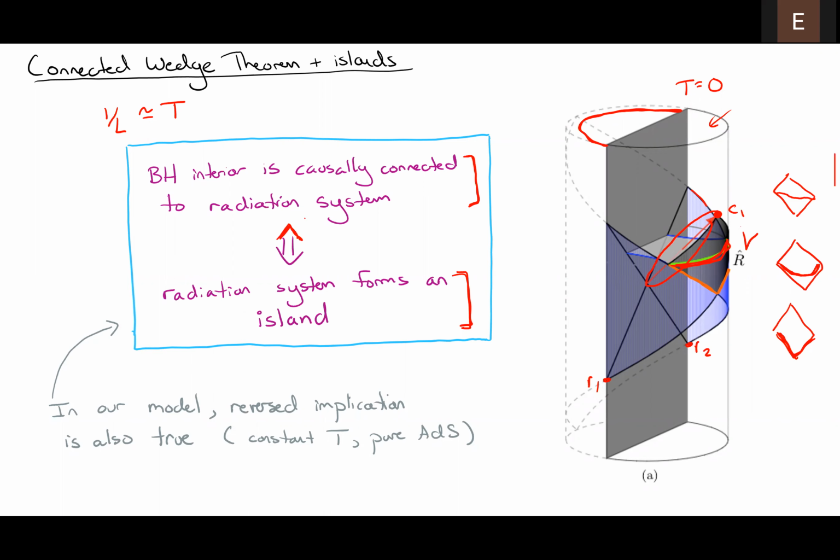I don't know if that answers your question. I'll have to think about it. Yeah. Okay. Thanks. But yes, you're right that I'm really interested in this limit, but I'm drawing this picture just because it's diagrammatically annoying.